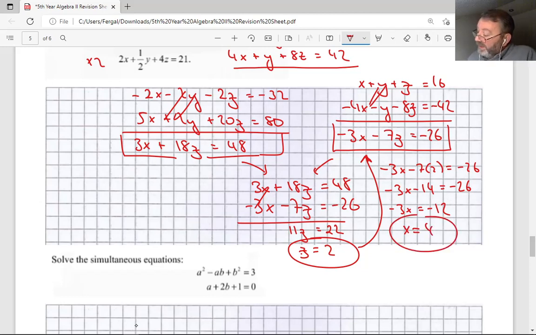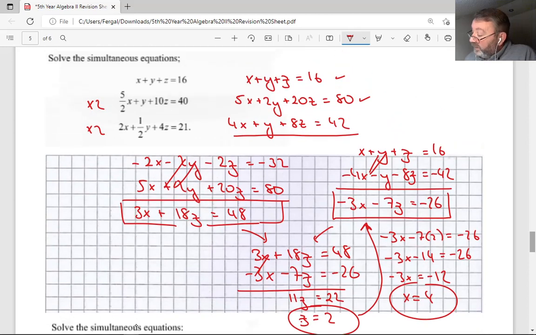And finally, take both of these back to the easiest of the three equations, which is the top one. So take your z and your x back up here, and you're going to get 4 plus y plus 2 equals 16. y has to be 10, because 4 and 2 is 6. And there's your x, y, and z.